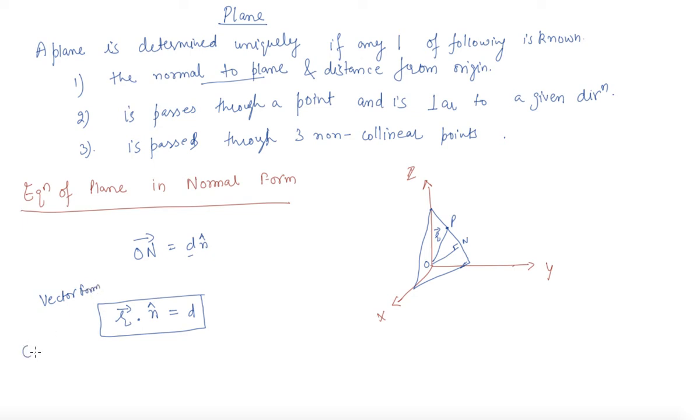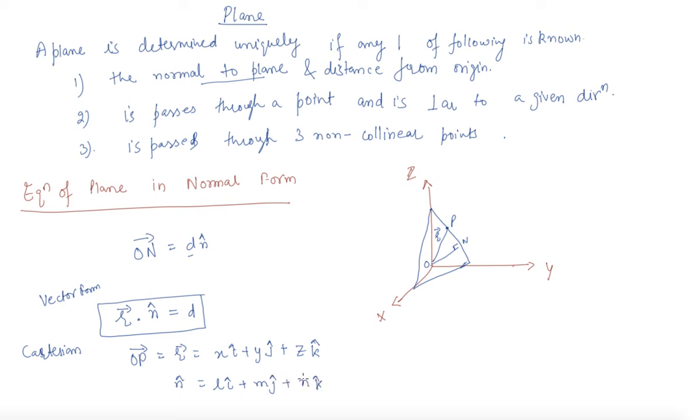To write it down in Cartesian, let us say OP is given by r vector, and this is xi plus yj plus zk cap, and n vector means the n unit perpendicular vector li cap plus mj cap plus nk cap.